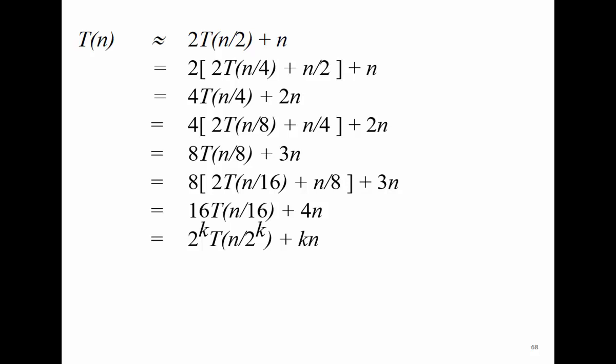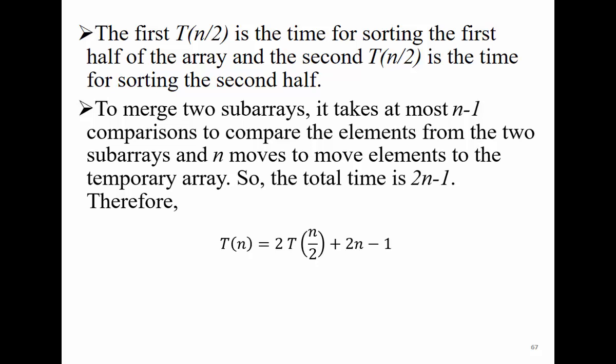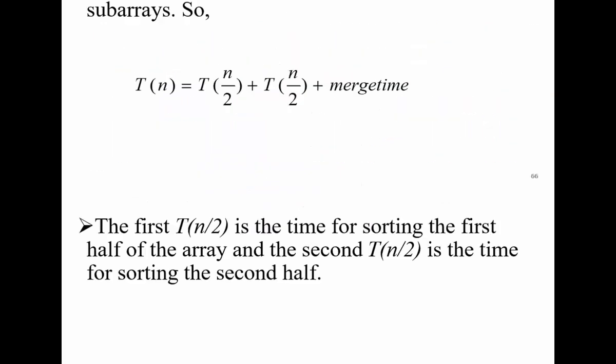You're supposed to know how to calculate the time complexity of recursive algorithms. Now, what we did here is we analyzed the merge sort step by step. We start with an array of size n. We divide n into 2 halves.